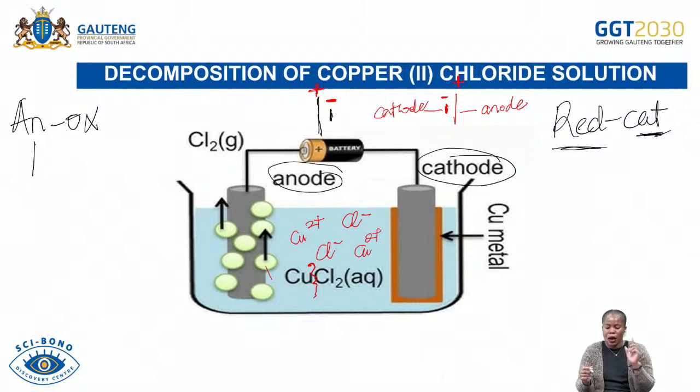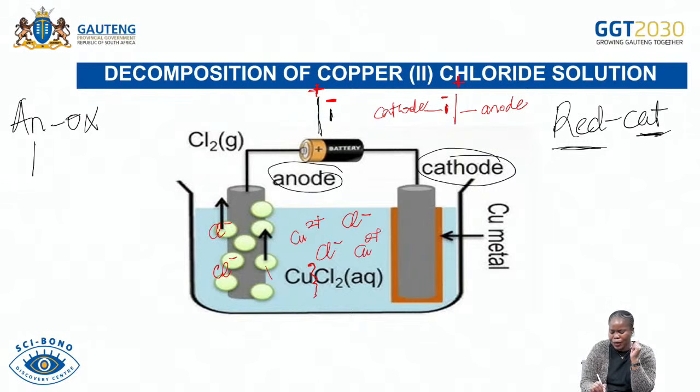Because the positive terminal of the battery is connected to this electrode, it's going to attract the anions. Opposites attract. The positive electrode will attract the anions. On this side now we're going to have your Cl-.